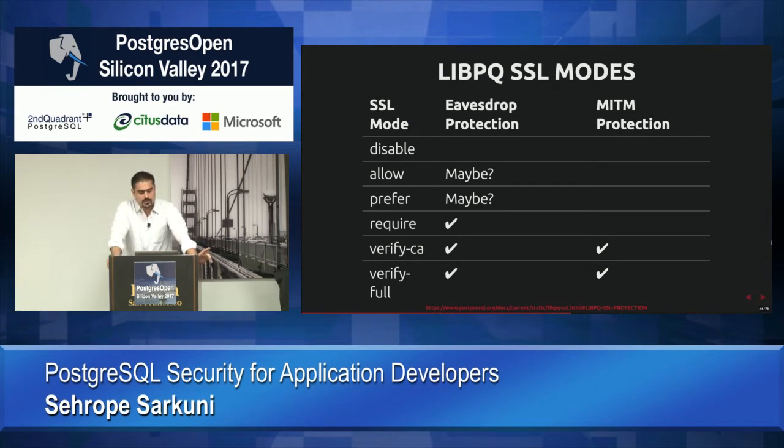Now, allow and prefer are interesting. Allow says, if I have to use SSL, do it, but otherwise just use an unencrypted connection. Since you're not saying which one it is, you don't know if it's going to be encrypted. Prefer is the reverse of allow: try to use an SSL connection, but if not, fall back to an unencrypted connection. Again, you still don't know, because it could be unencrypted.